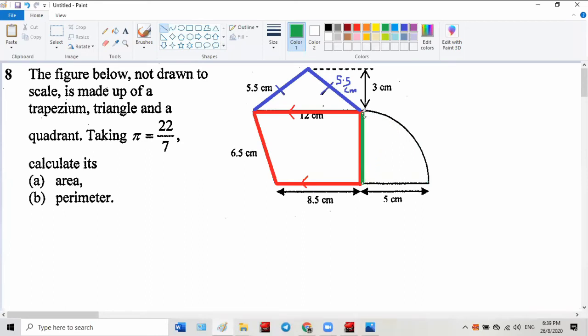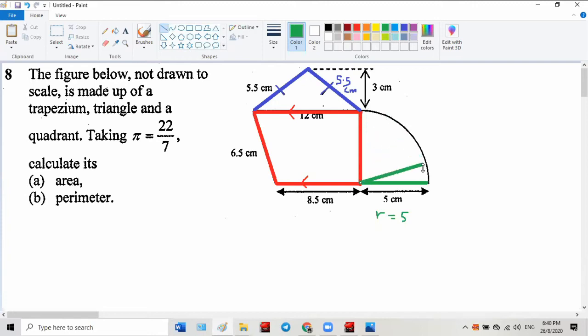Radius is 5. Then you will tell me the height of the trapezium is not given. Is it given? How much? 5. Exactly. You learn a very important concept today.